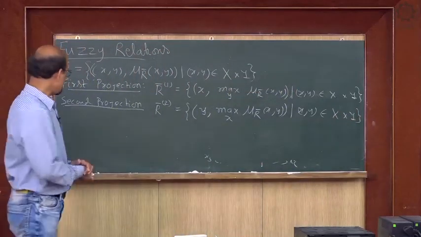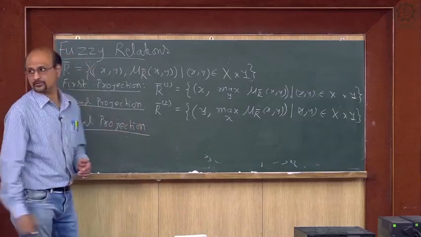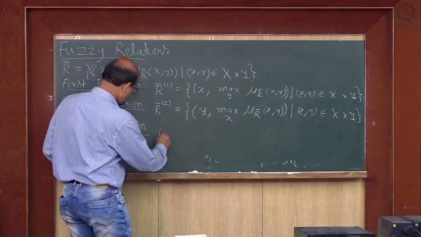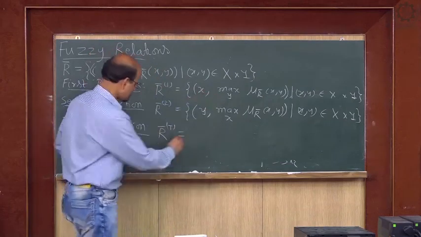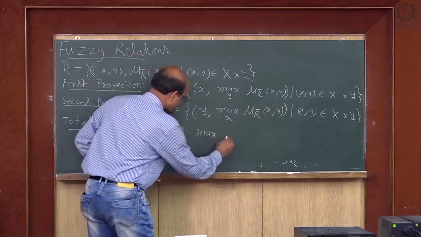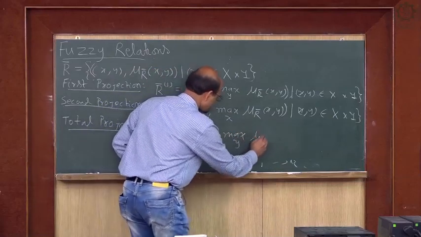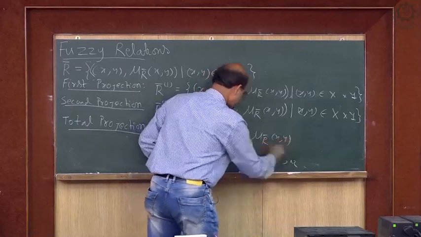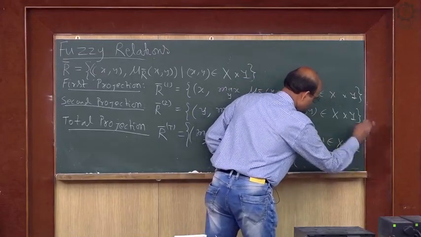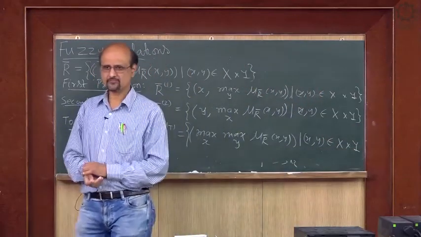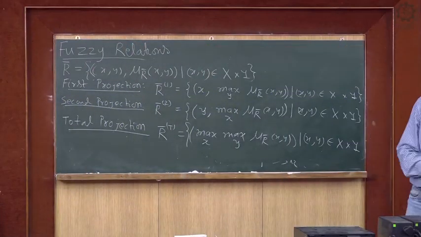Similarly, I have the total projection, and we denote this by R bar t. This is the combination of these two, and we write it like this: maximum over x, maximum over y of mu R bar (x, y), such that (x, y) belongs to X cross Y. So, these are the three projections.